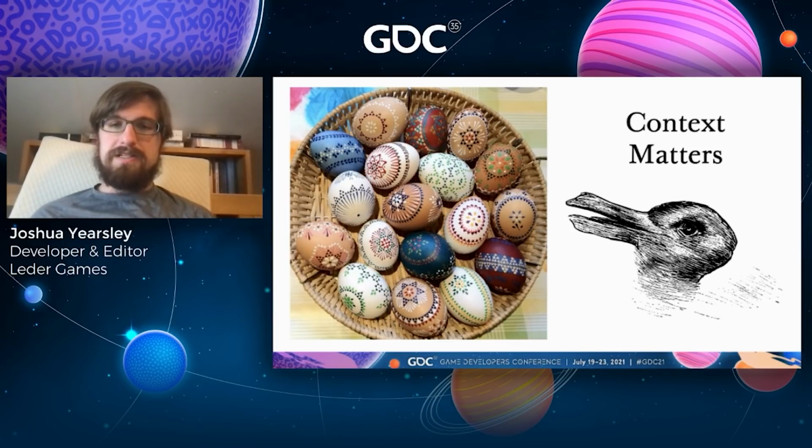So context matters in this illusion, to the point where researchers compared how often people thought this was a rabbit versus a duck at different times of year. And what they found was near Easter, people thought it was a rabbit more than at other times of year.